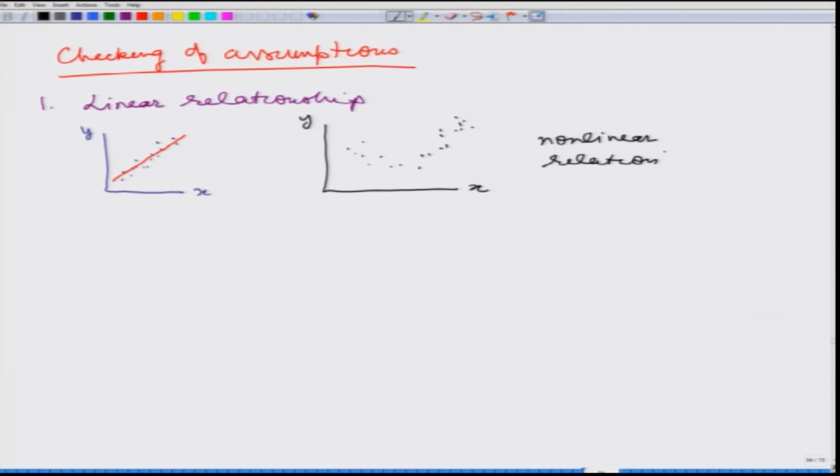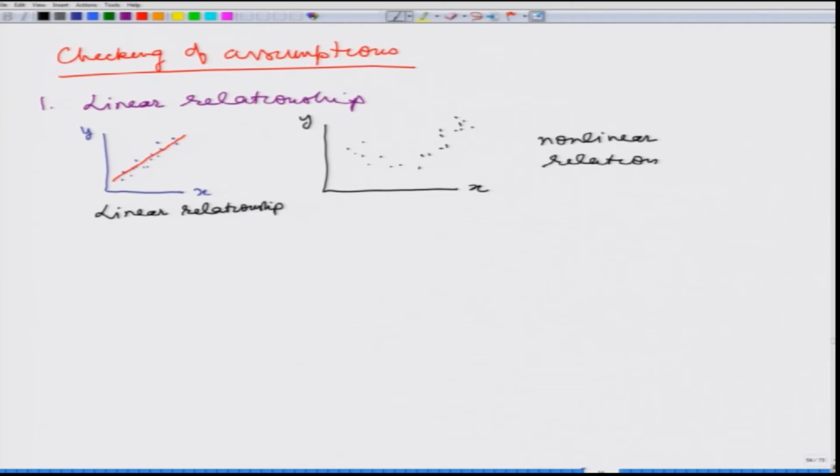Here you have to be a little bit careful. For example, in this case of non-linear relationship, one can always transform the model so that it becomes a linear relationship also, but that will be our secondary step.